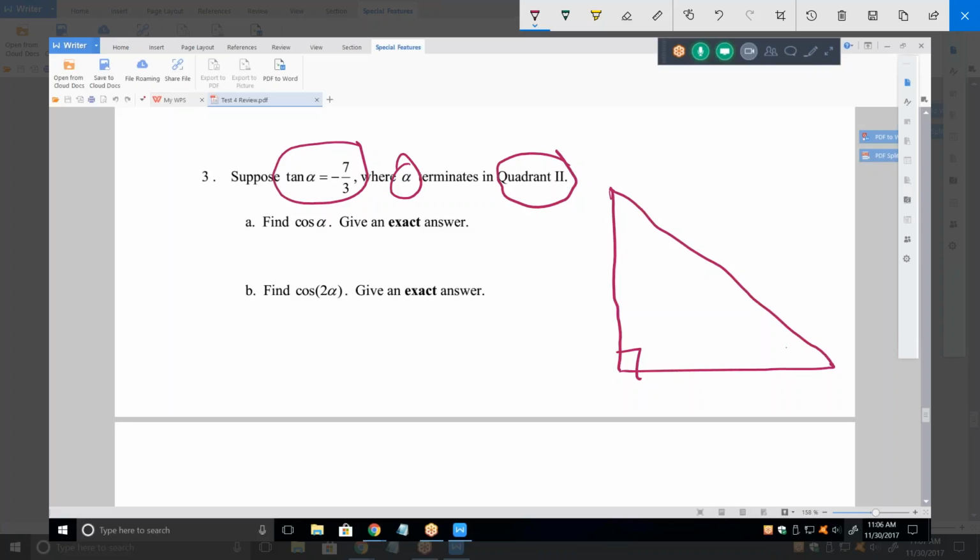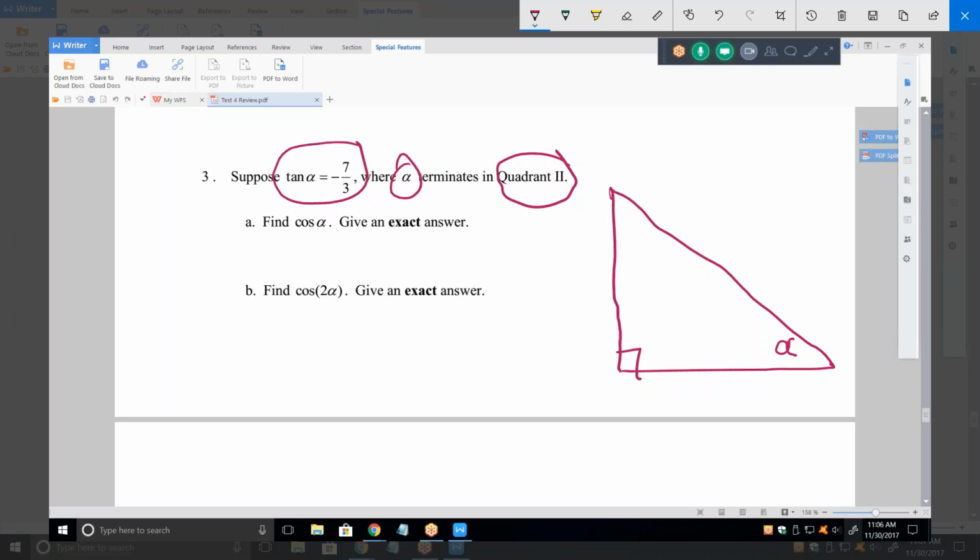So I'm going to call alpha that. I could have called alpha this one up here. It wouldn't have mattered. Everything would have been the same. But I got to label alpha so that I can dimension the triangle. If I don't put an angle on there, there's no way to dimension the triangle. So now dimension it for me.